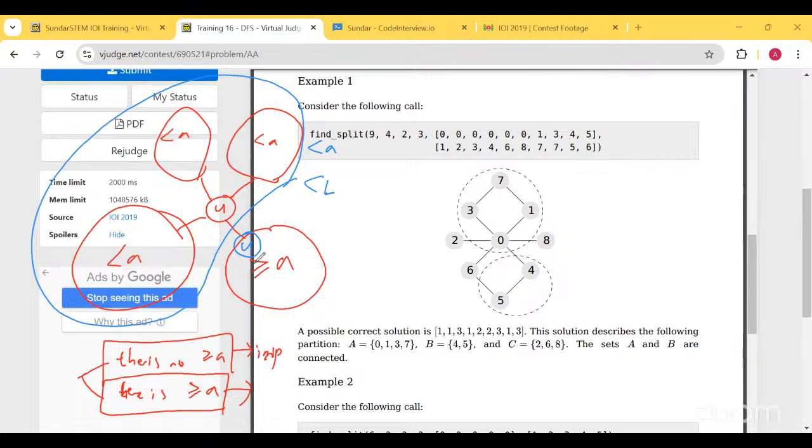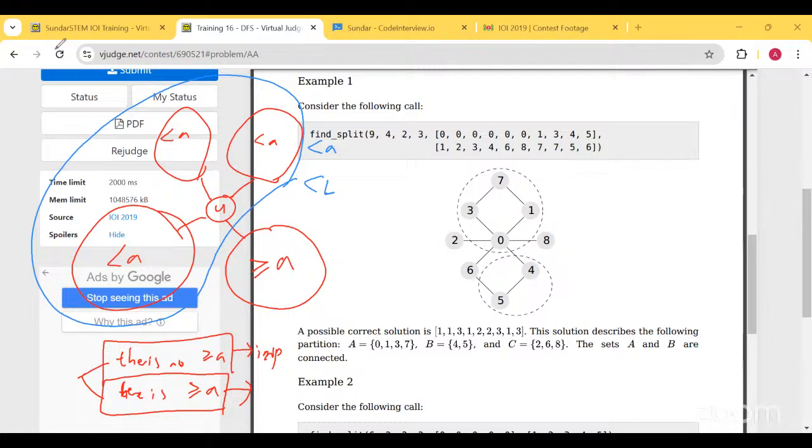Choose another u, and then just check. Yes, I think like that. Just choose a value u that is greater than or equal to a.